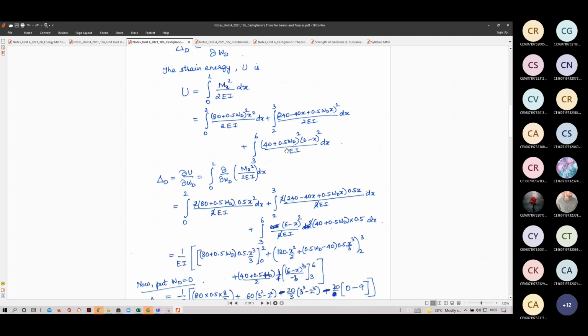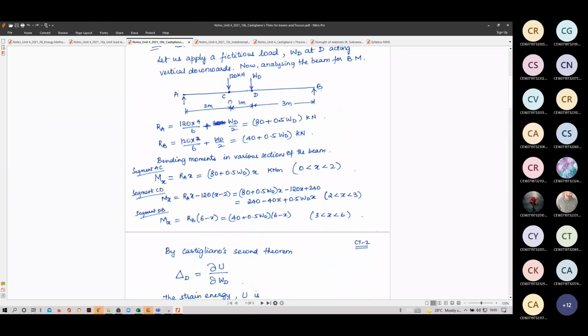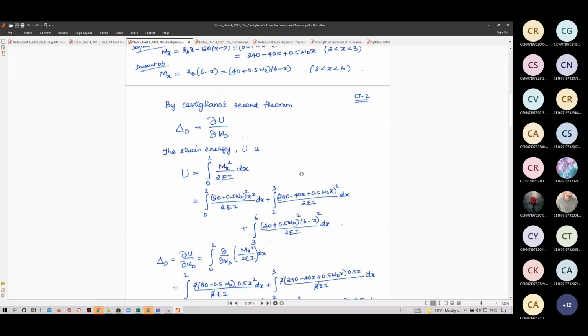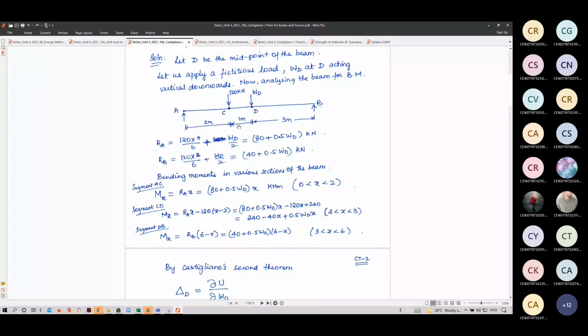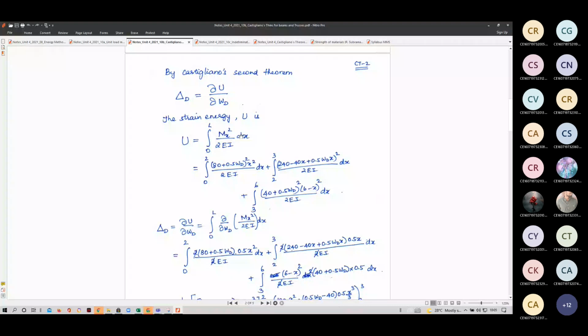So this is the expression for strain energy, M square by 2 EI dx. Now 0 to L is split into 0 to 2, 2 to 3 and 3 to 6, where X varies. So this is the first segment AC, then CD, and then DB.